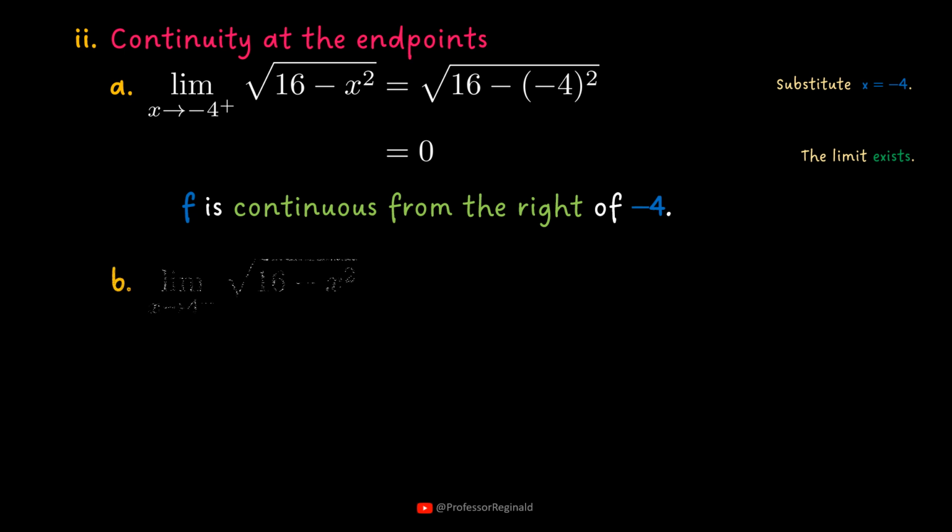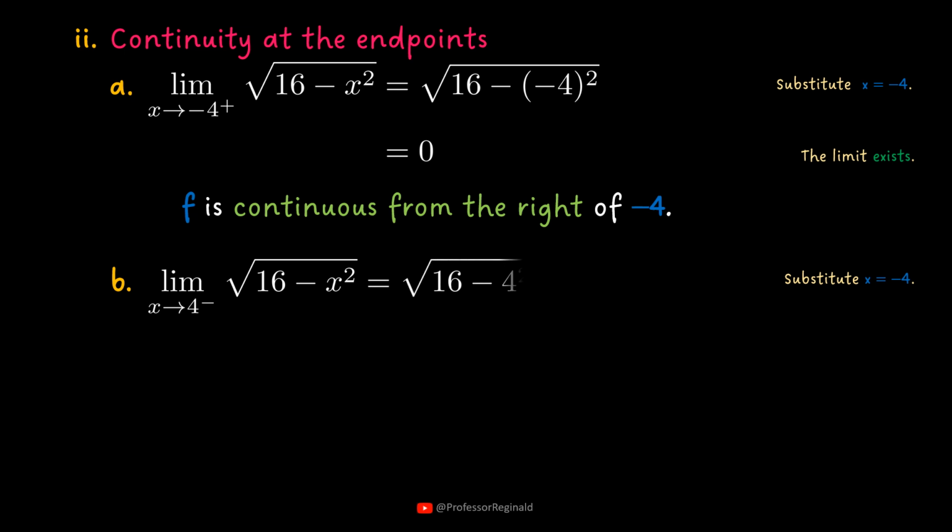B. Evaluate the limit from the left at x equals 4. Because the limit of f of x, as x approaches 4 from the left, can be calculated by direct substitution, f is continuous from the left of 4.